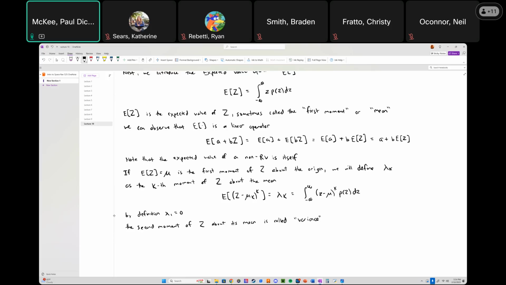So let's go through and actually write out an equation for that. The square root of variance is called standard deviation.